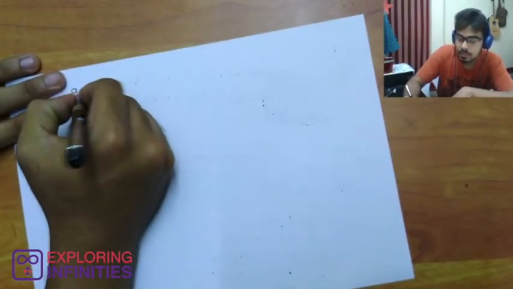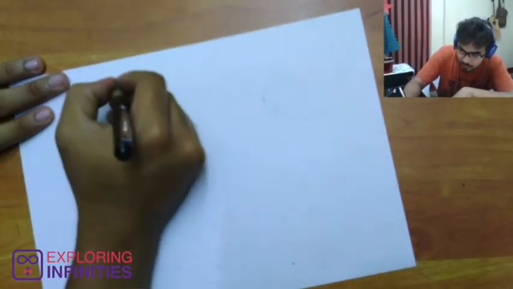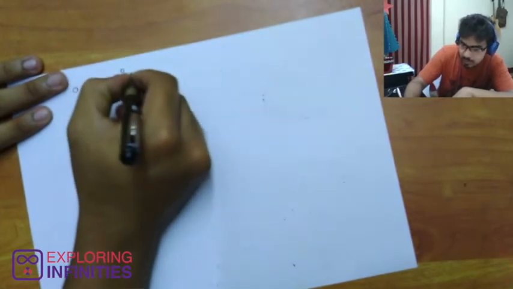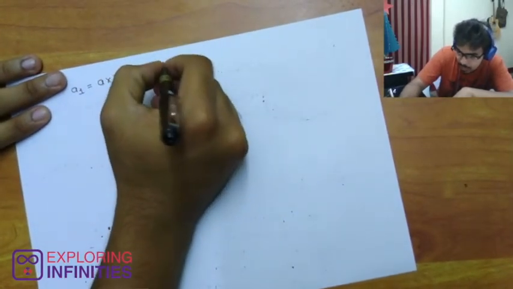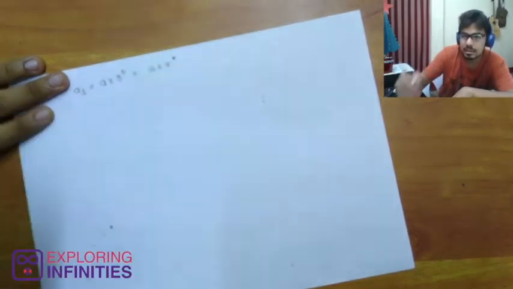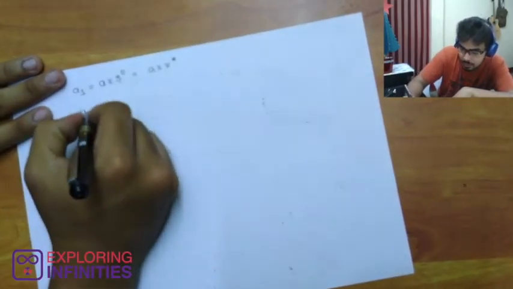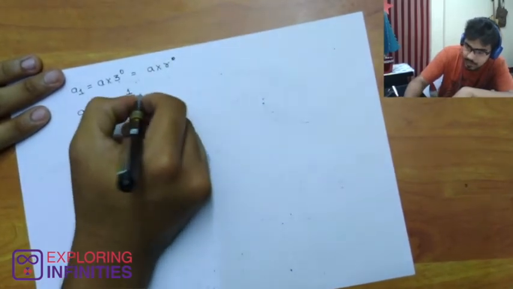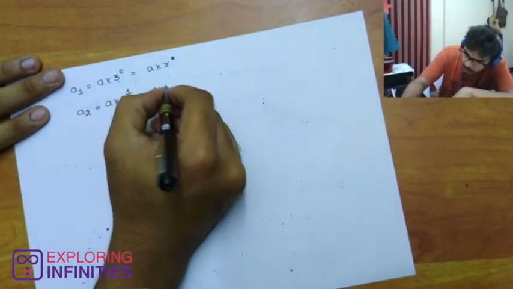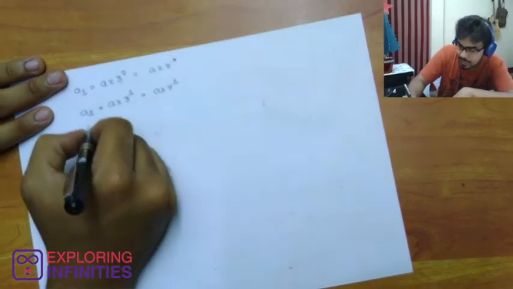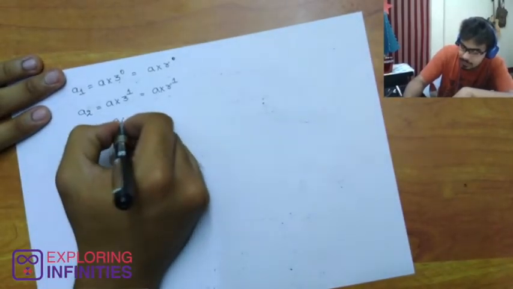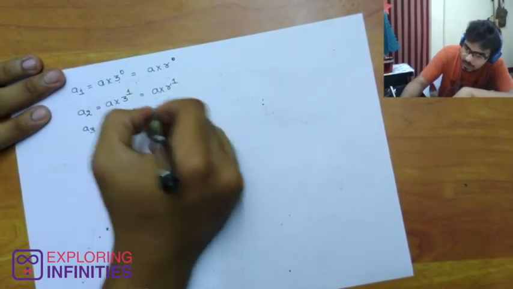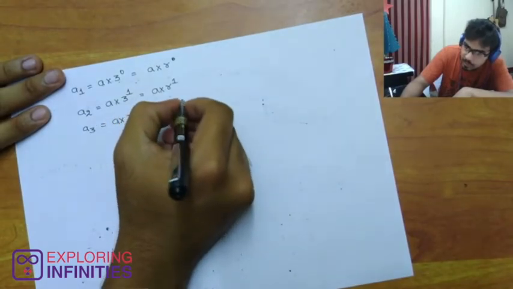Writing it freshly for you here. A1 is equal to A into 3 power 0, which is A into R power 0, because 3 is R in this example. A2 is equal to A into 3 power 1, which implies A into R power 1. A3 is equal to A into 3 power 2, which is A into R power 2.